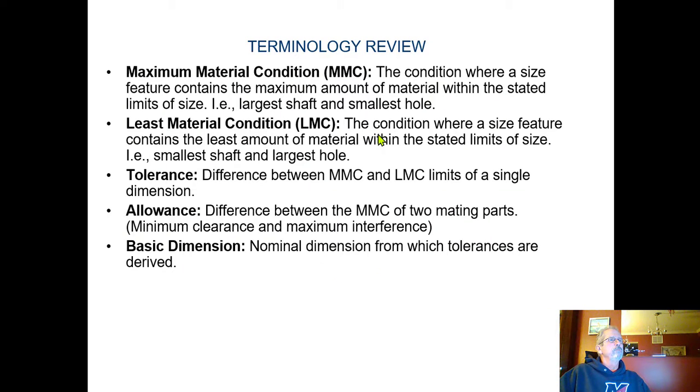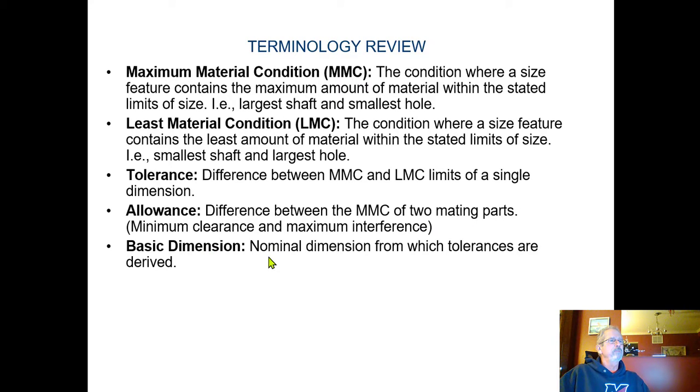All right, so terminology review. Maximum material condition, where the size feature has the maximum amount of material. Okay, least material condition, where it is the least amount that's there. Tolerance, the difference between MMC, maximum material condition, and the least material condition of a single dimension. Okay, allowance, the difference between the maximum material conditions of the two mating parts.